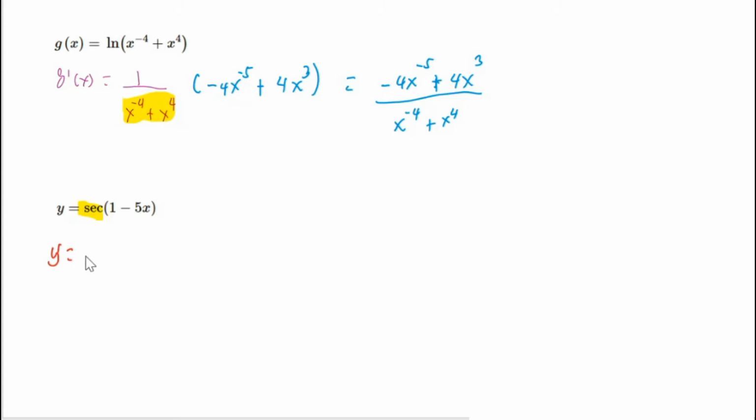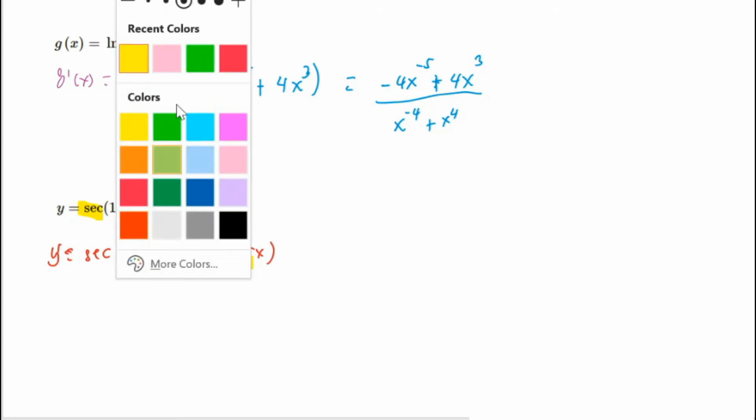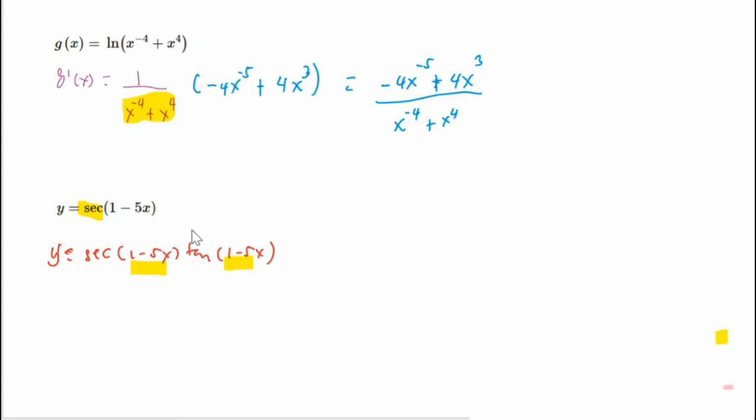So therefore, I can write now as secant of the measurement of the angle, which is 1 minus 5x, tangent of 1 minus 5x, and then take the derivative of the angle. They are just the same. So actually, we are referring to this measurement of angle. So derivative of 1 minus 5x is just equal to negative 5.